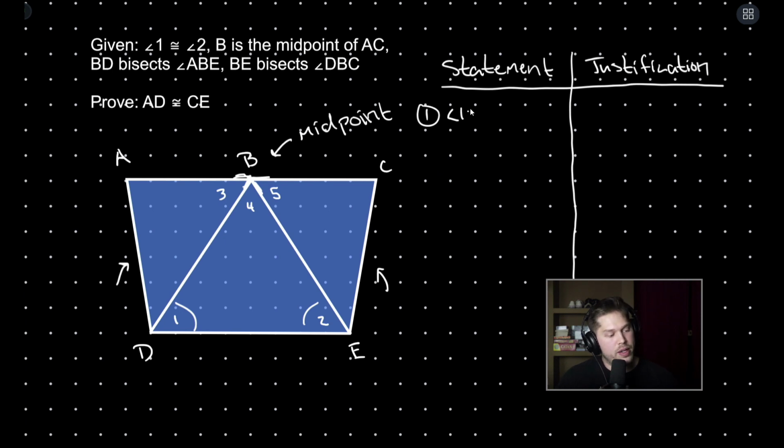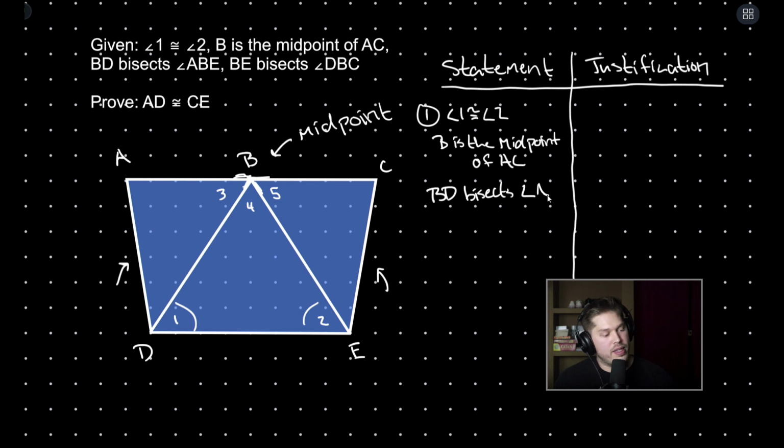So we have angle 1 is congruent to angle 2. We have B is the midpoint of AC. And we have BD bisects angle ABE.